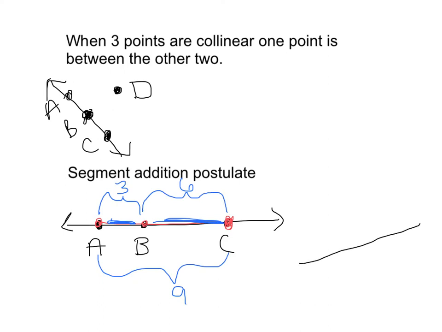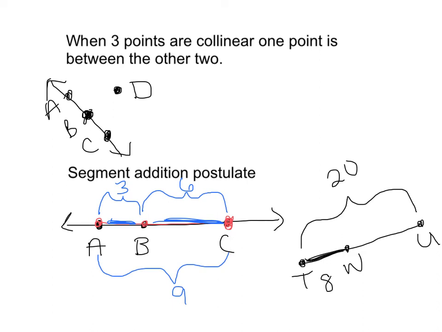So let's say we have T, W, and U. They're going to tell you the whole segment TU is 20, and this piece right here, TW, is 8.